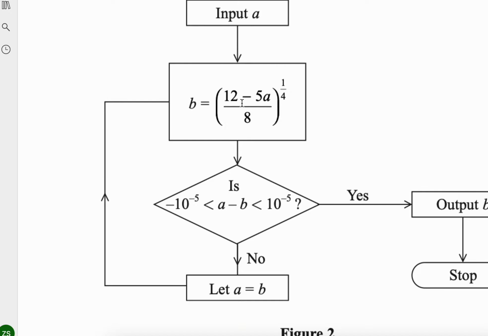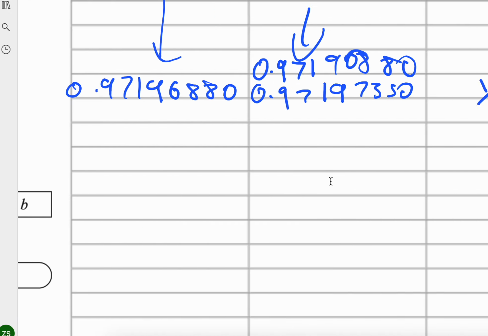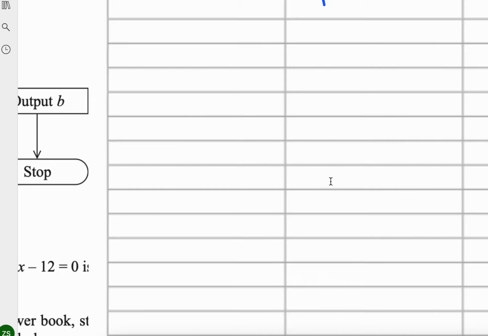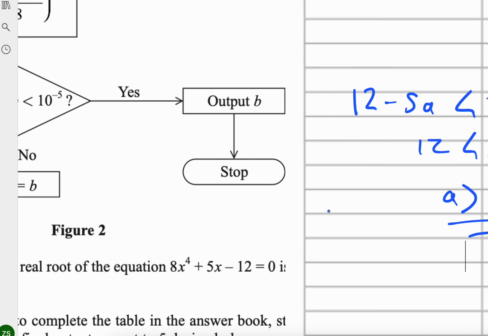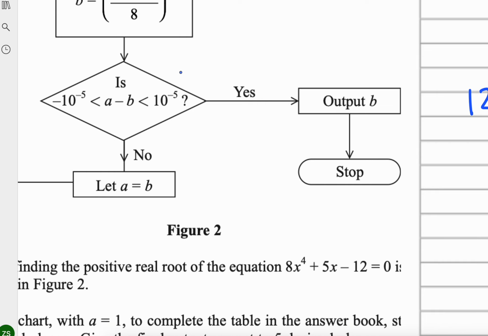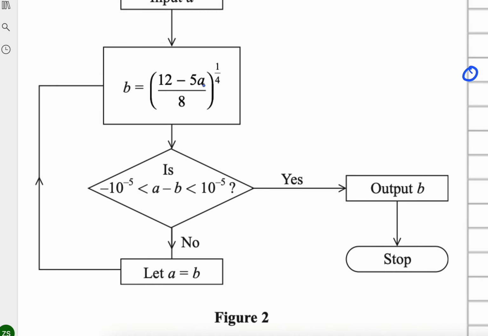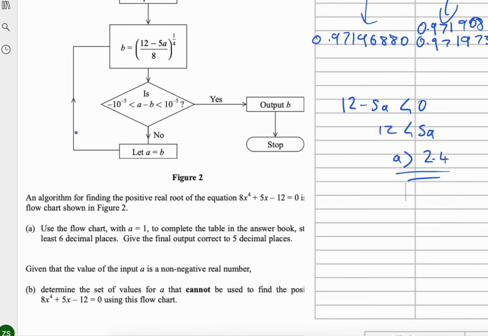So when 12 minus 5A is less than 0, or 12 is less than 5A, or A is greater than 2.4. So when A is greater than 2.4, this function will not work because it cannot compute the root of a negative number. We're using pure maths in here; pure maths turns up everywhere.